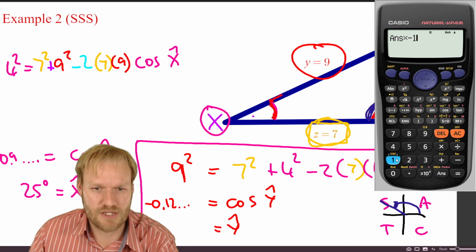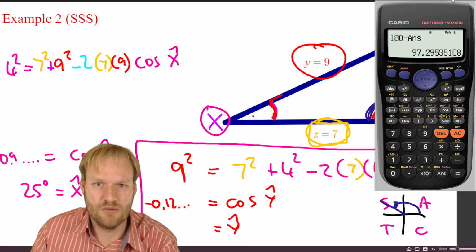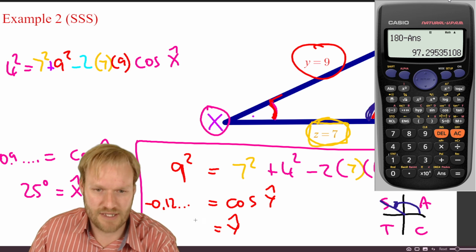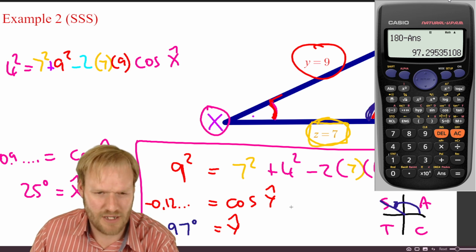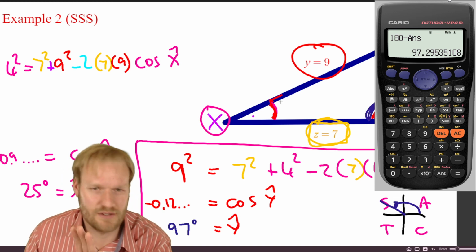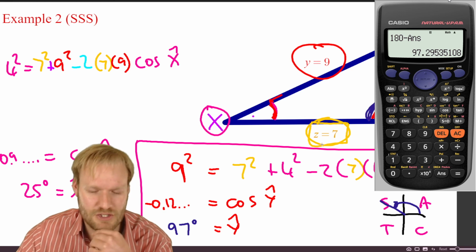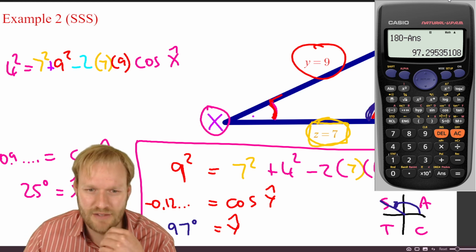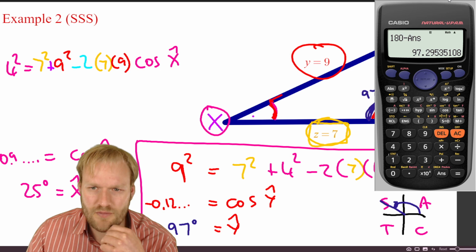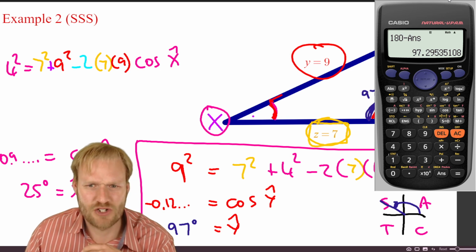So if we went just times minus 1, that's the next step already. 82, and we went 180 minus that, we get 97 degrees. Now, if you didn't do the minus thing on that, that's fine. As long as you get 97 degrees, and that's our angle over here, which seems to match the picture.